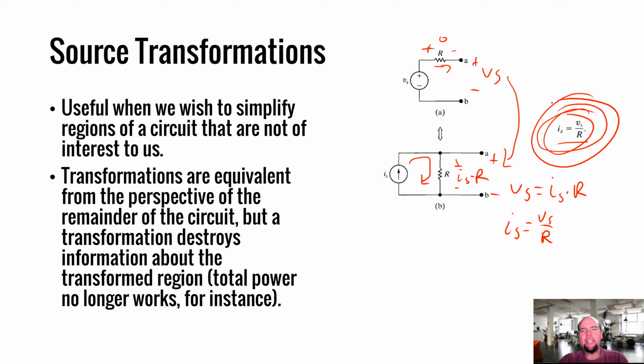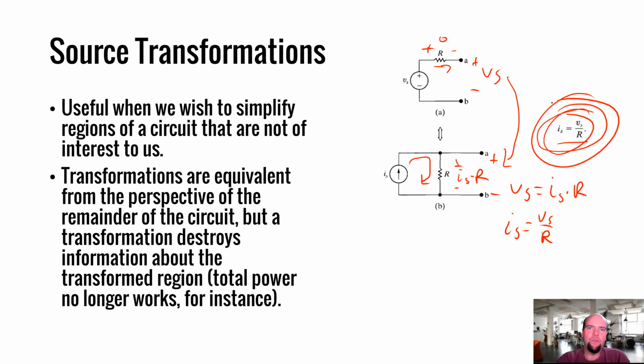So you could take a big circuit that has 20 supplies and 50 resistors, and you could reduce it down to a single voltage supply and a single resistor. But if you solve for the power dissipated by that resistor, or you solve for the power generated by that supply, you can't just say, oh, that's the total power delivered to or dissipated by my original circuit.